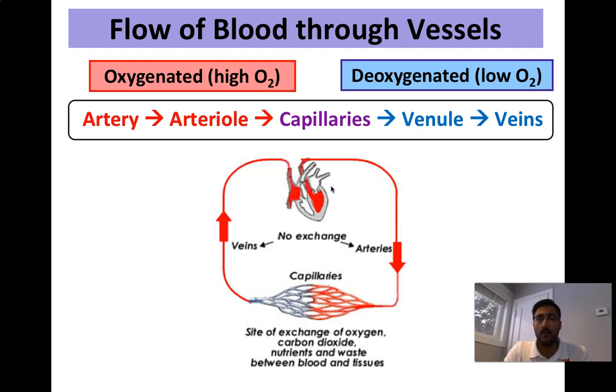They're low in oxygen. Now, at some point, that transition happens, and that transition is at the capillaries. The capillaries are literally the site of exchange of oxygen and carbon dioxide, as well as nutrients and wastes between the blood and the tissues that the blood is moving through. Every single muscle, tissue, and organ is cellularly respiring.